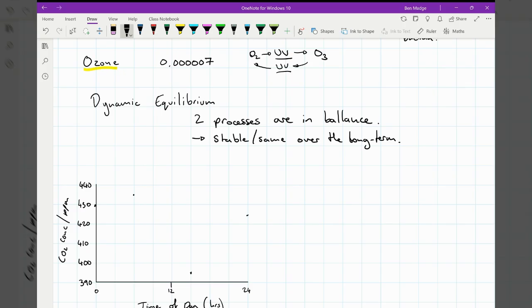An example would be aerobic respiration versus photosynthesis, and this is for the gas carbon dioxide. Aerobic respiration releases CO2 into the atmosphere and photosynthesis removes it.